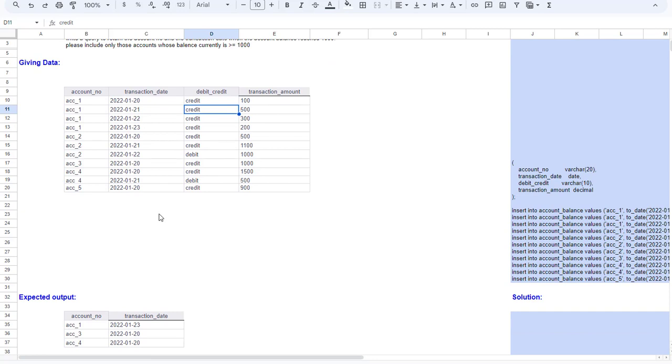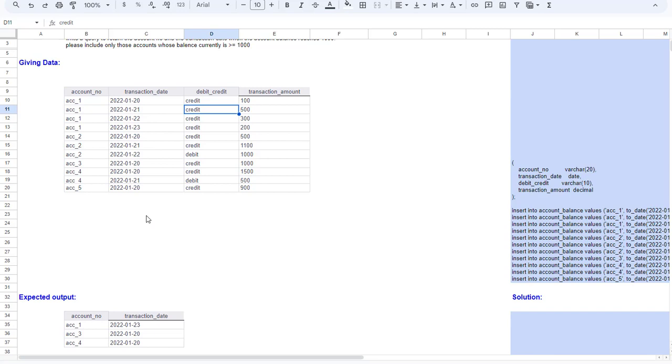We need to display the account number and the date when it reached 1000. And for the accounts whose total balance is less than 1000, you don't include them.